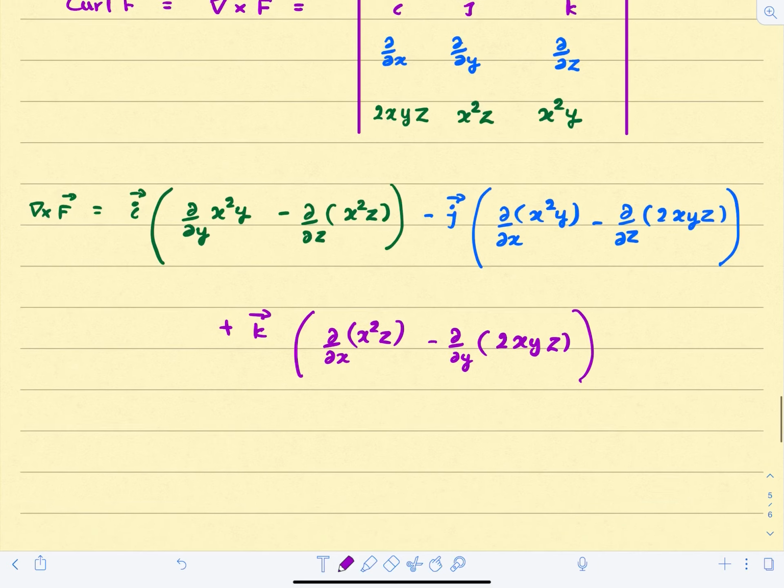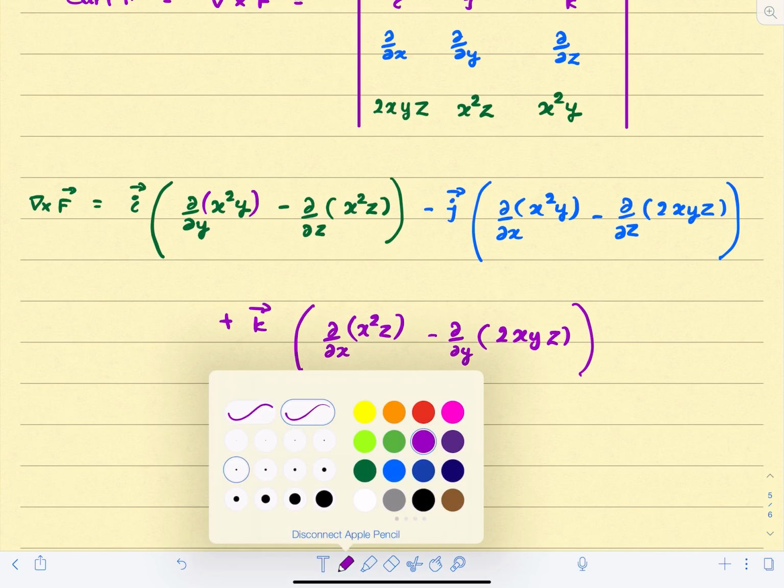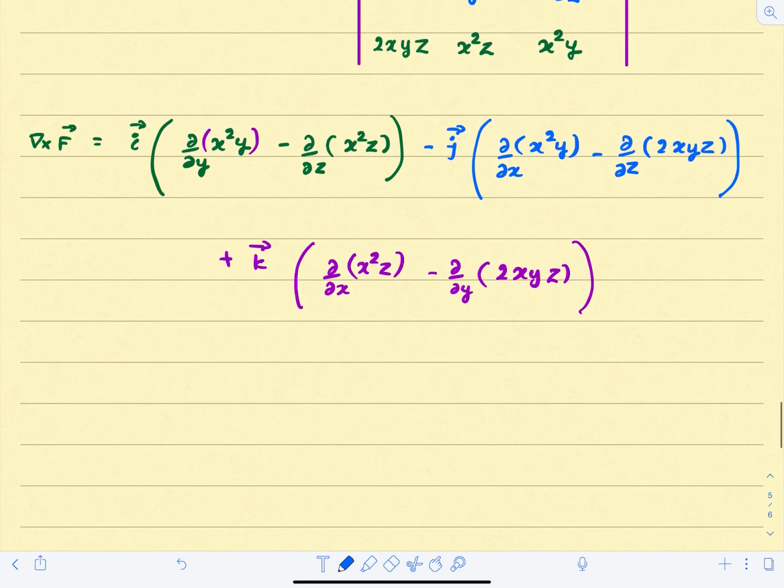Okay, now let's calculate these partial derivatives. So we have i times partial over partial y of x squared y, which equals x squared, minus partial over partial z of x squared z. We take the derivative with respect to the z variable, and we can treat x squared as a constant.